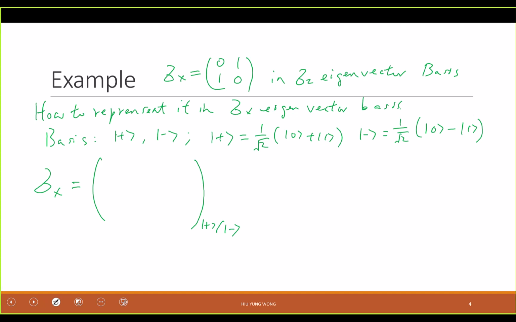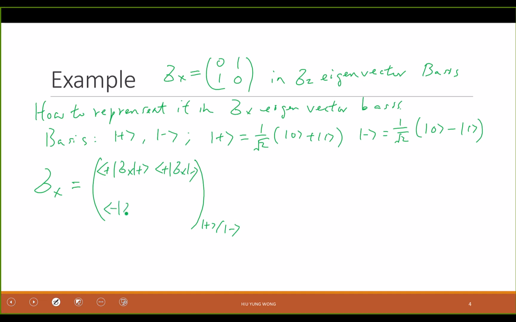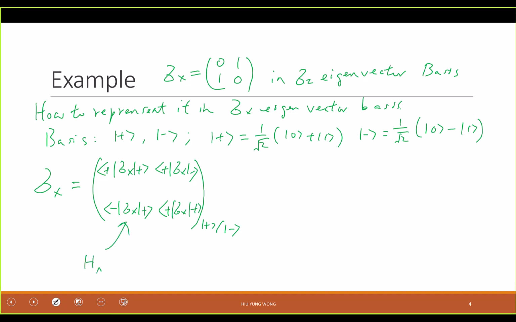Okay, then based on the equation we learned before, it must be equal to sigma x plus plus, sigma x minus plus, sigma x plus plus. Is this okay? Because this element is just like H i j. In this case, it is sigma x. You can call it minus plus.